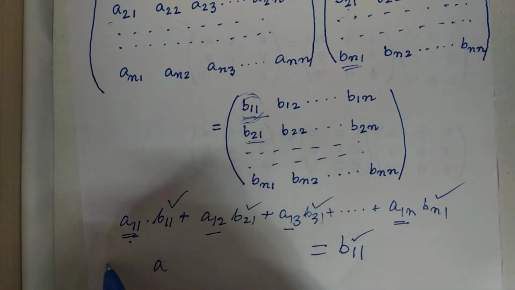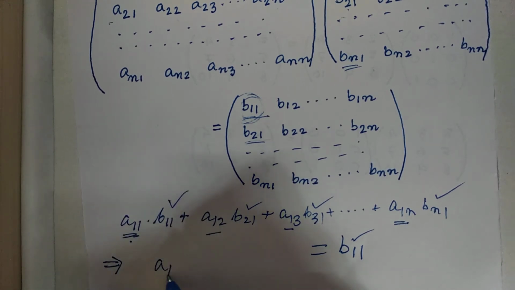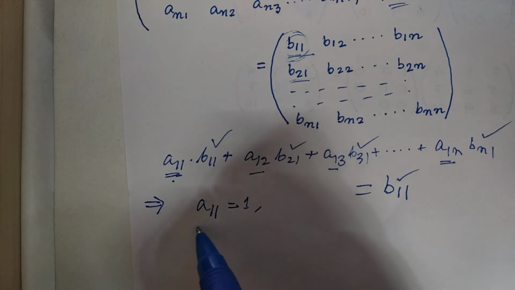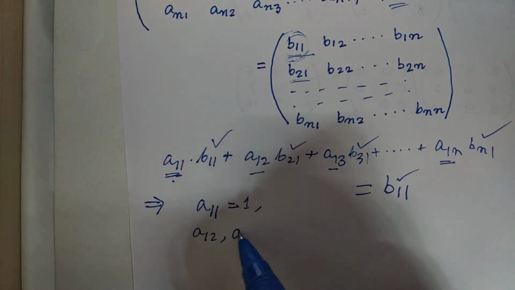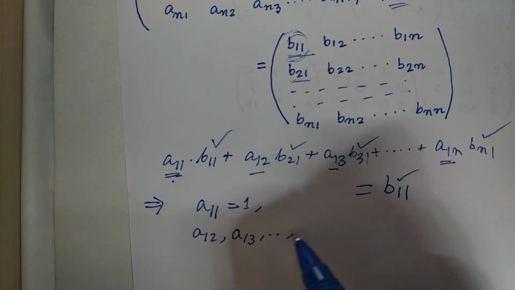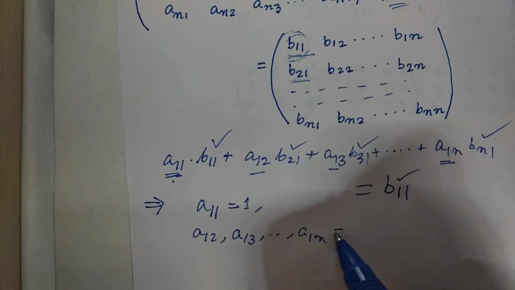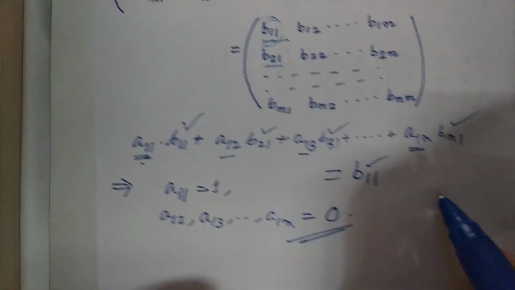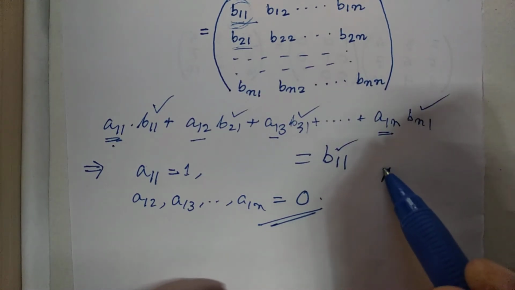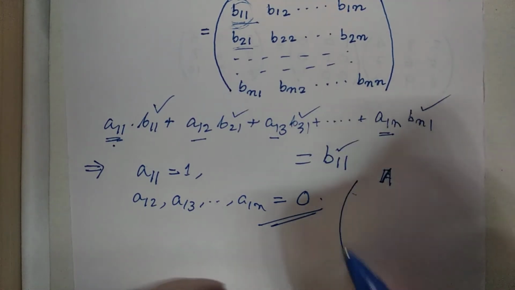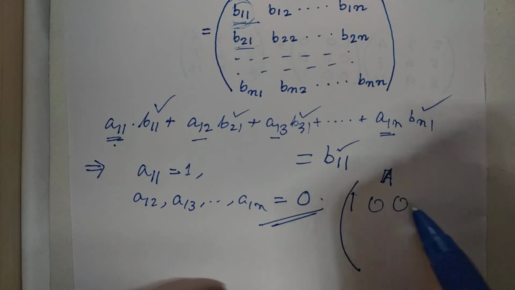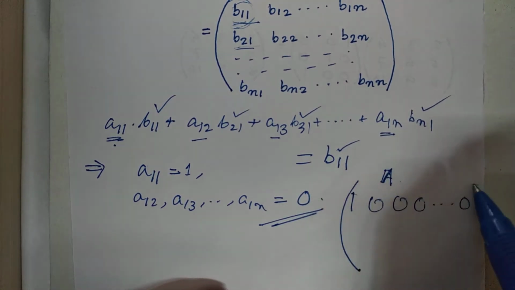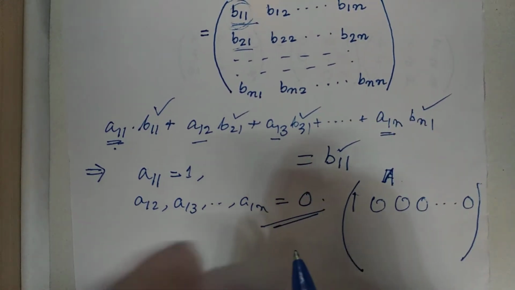This implies that A11 is equal to 1 and A12, A13, etc. up to A1n are each 0. So the first row of matrix A is like this: 1, then 0, 0, 0, 0. This will be the first row of A.